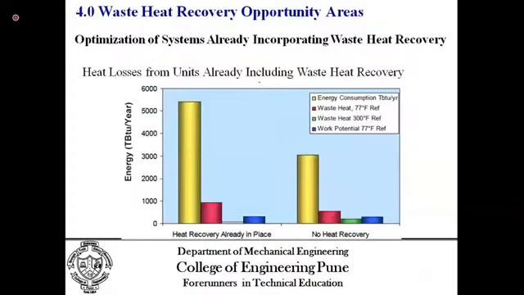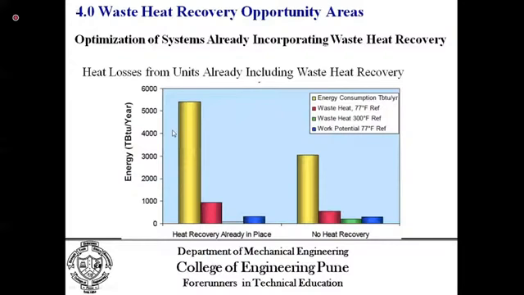There are certain systems which are already doing these things. It is energy consumption, waste heat, and work potential. Again, you will notice that this energy consumption is there, heat recovery is already in place, but there is still waste heat and work potential.